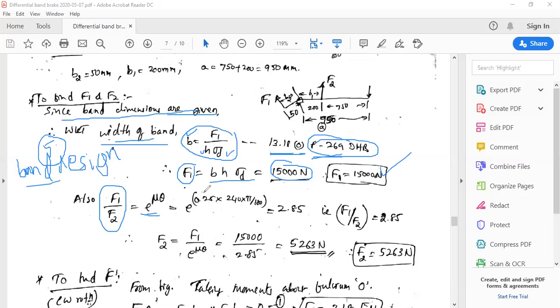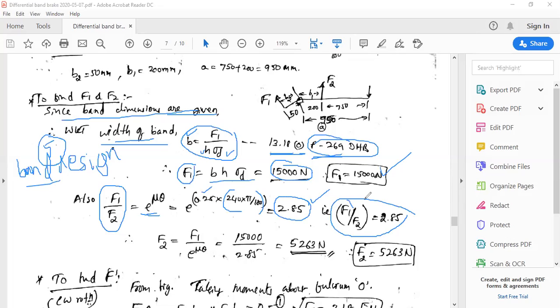Now directly we write mu is 0.25, and theta is 240 degrees multiplied by pi by 180 to convert it into radians. The answer we get is 2.85. So this is the ratio of F1 to F2, the band tension ratio. F1 by F2 is equal to 2.85.